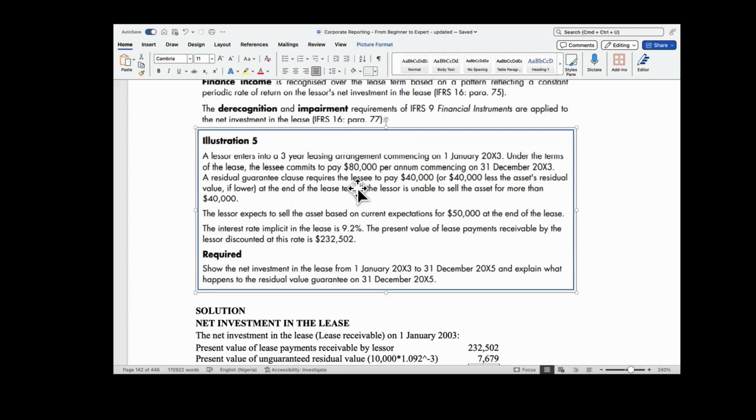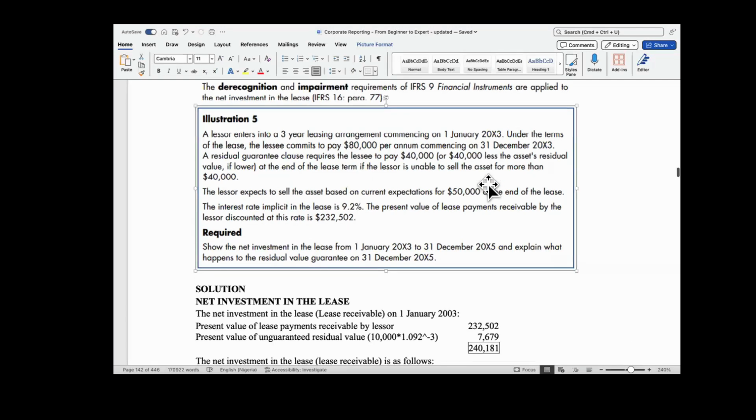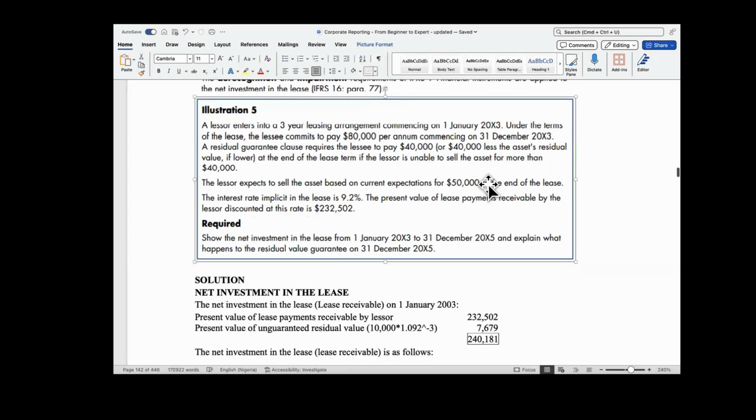But the lessor believes he can sell the asset for 50,000. Look at it. The lessee guaranteed the lessor 40,000, but the lessor believes they can sell it for 50,000. That means in this case, there will be an unguaranteed residual value of 10,000.